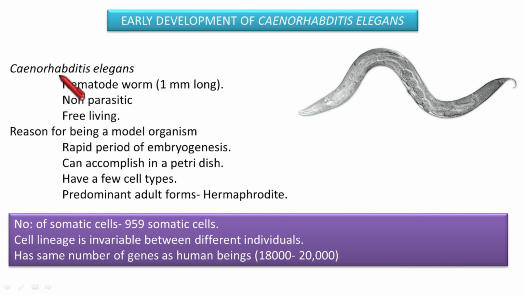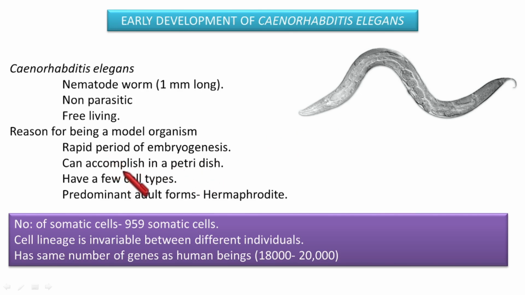Then why is this organism considered a model organism to study the early developmental process? There are a few reasons. First, its embryogenesis is very rapid, so we can easily follow the entire process. Secondly, we can observe the entire process by keeping the organism even in a petri dish.